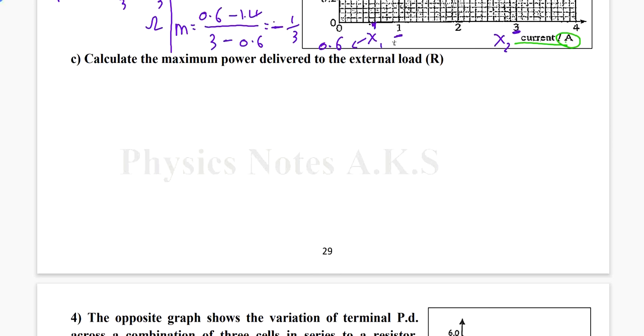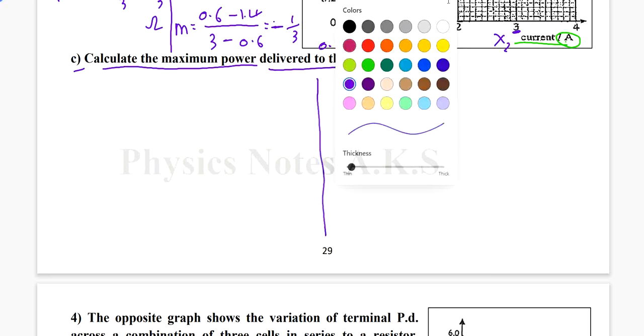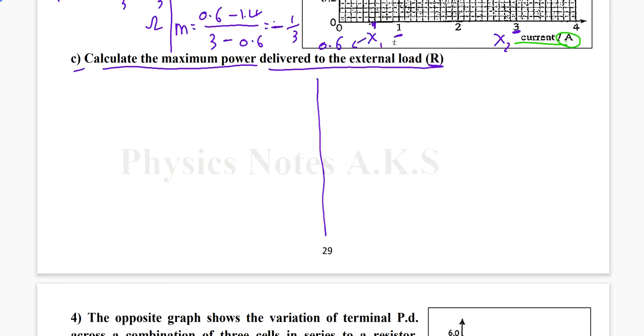We complete the question. They say calculate the maximum power delivered to the external load. Calculate the maximum power. I'll change the color here. The maximum power, we can get it.